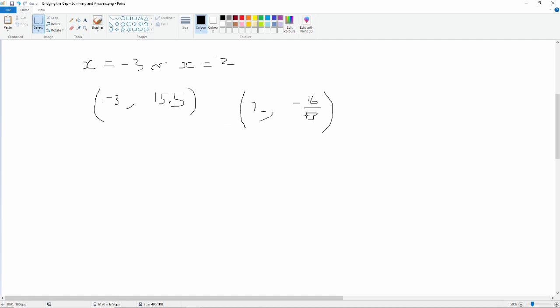Should I make that a decimal? Why not? Let's make that a decimal. So negative 16 over 3 is negative 5 and 1/3, so that's negative 5.333 recurring.